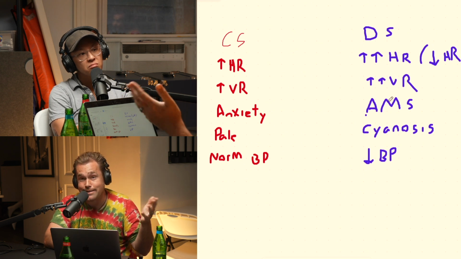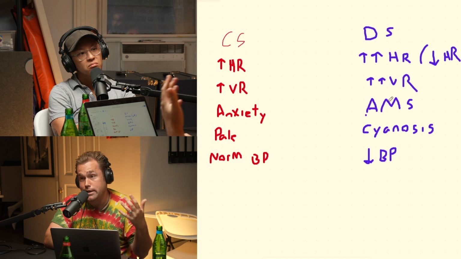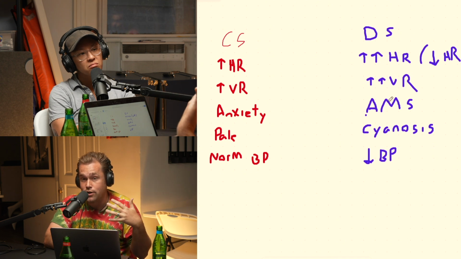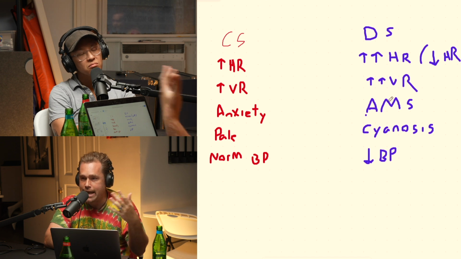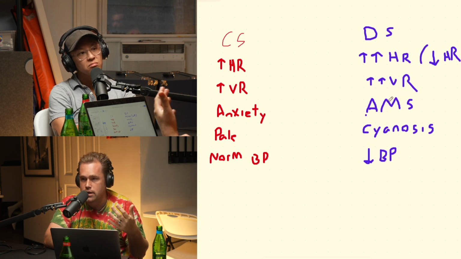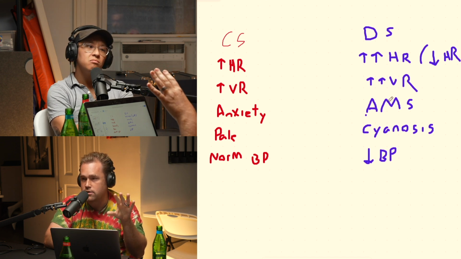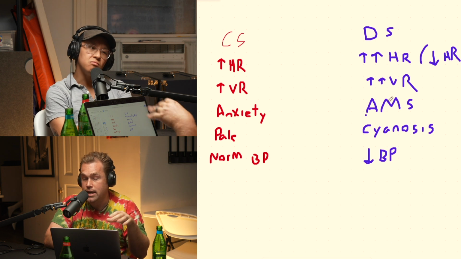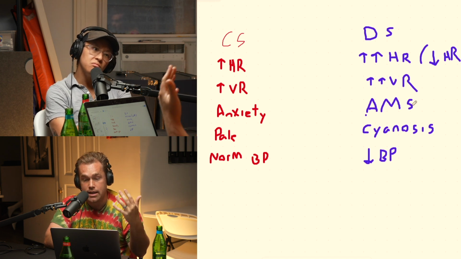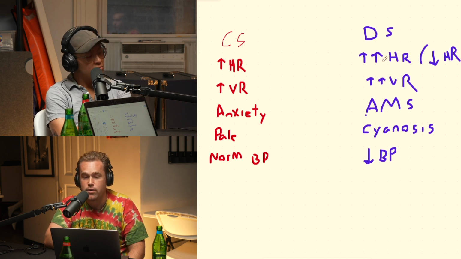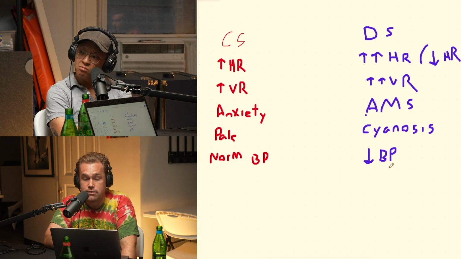And if the brain's being affected, well, the kidneys are probably being affected. The heart's probably being affected. The liver's probably being affected. But we can't as easily interact with those organs. Very easy to interact with the brain. You just talk to somebody. And if they have AMS and we're thinking shock, it's probably going to be decompensated. And that could be confirmed with the blood pressure.